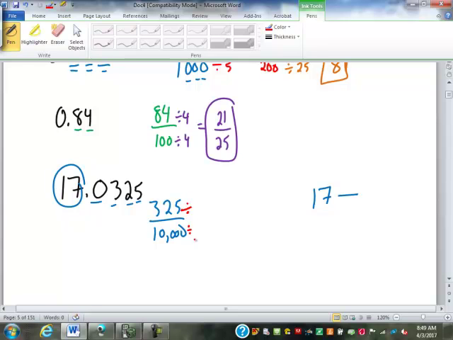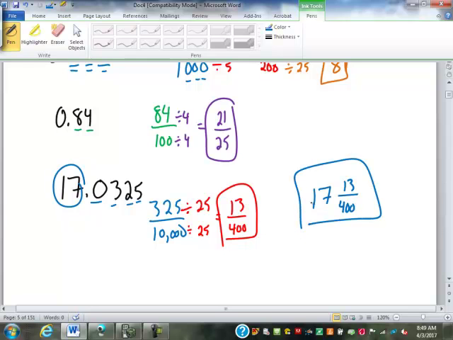Now both of those can be divided by 25. 325 divided by 25 is 13. 10,000 divided by 25 is 400. And that's it. So we are done there. So we got to remember, put that with the 17. So 17 and 13 over 400. Any questions?